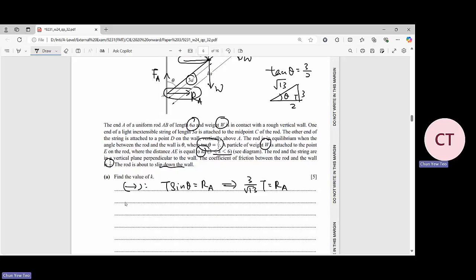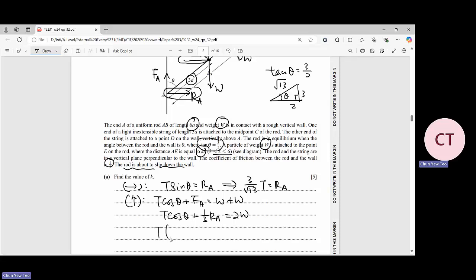Then we resolve the forces vertically. You will have T cos theta plus FA equal to W plus W. But they mentioned the rod is about to slip down, which means your frictional force will be at limiting equilibrium. So it will be mu RA, equal to 2W.